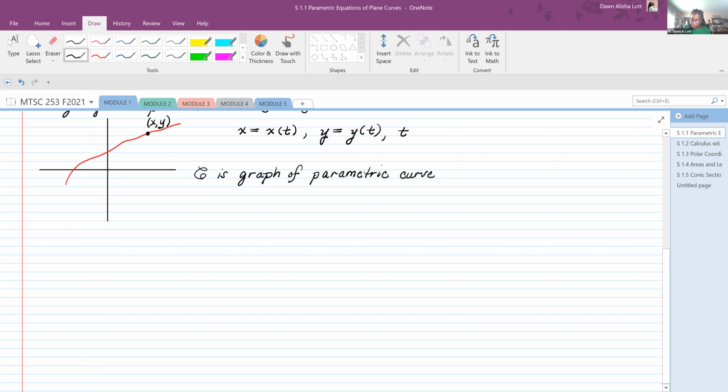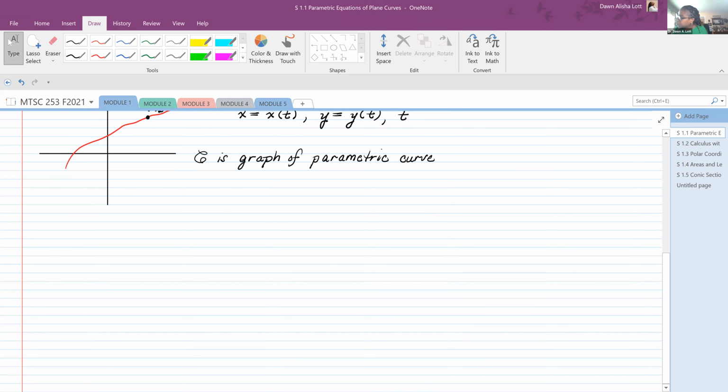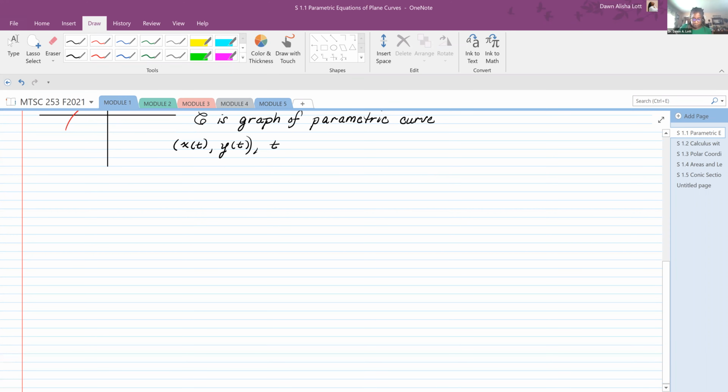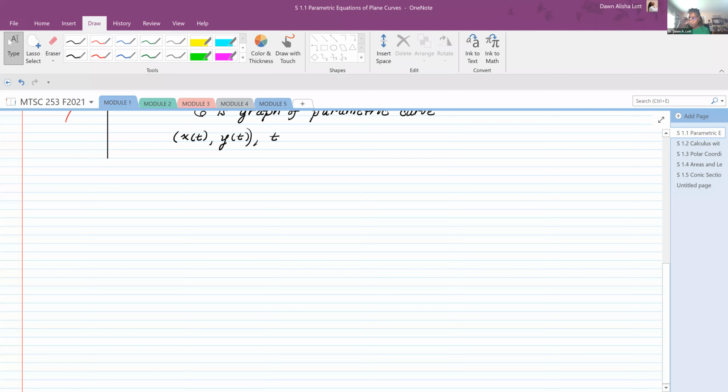There are a couple of things that I need to tell you. You end up with x of t, comma, y of t, which describes your point, and then you get information about t, and that gives you your curve.